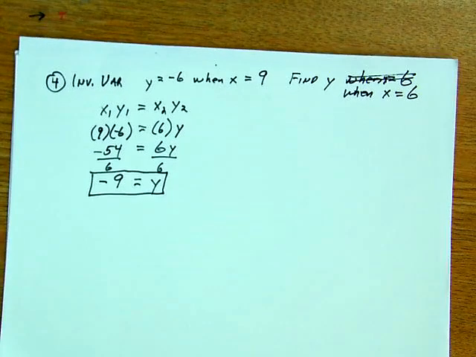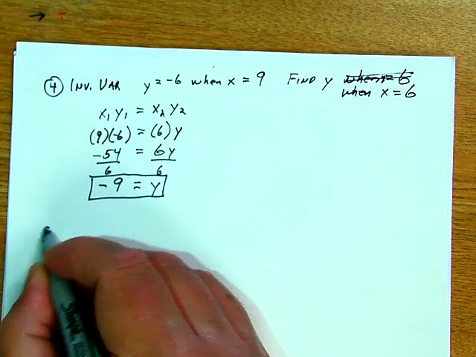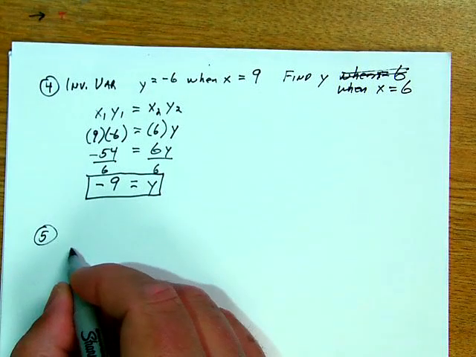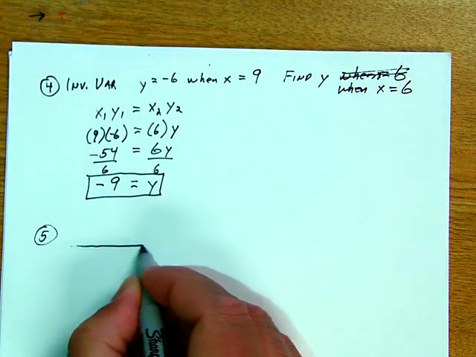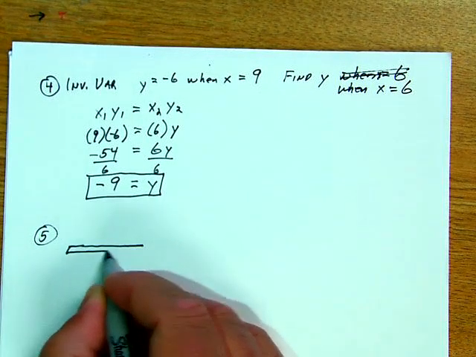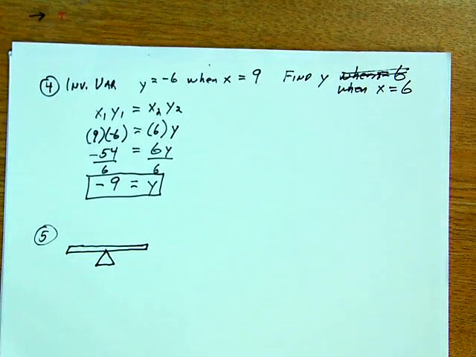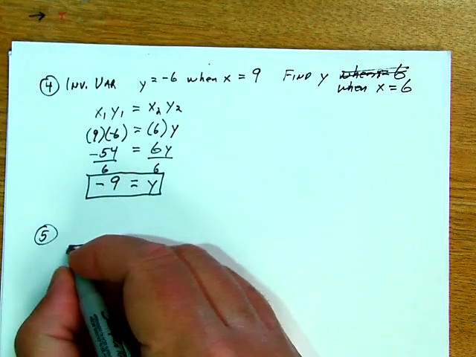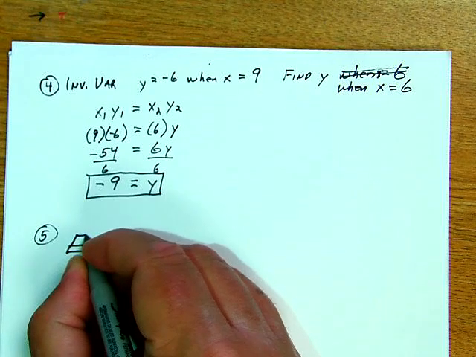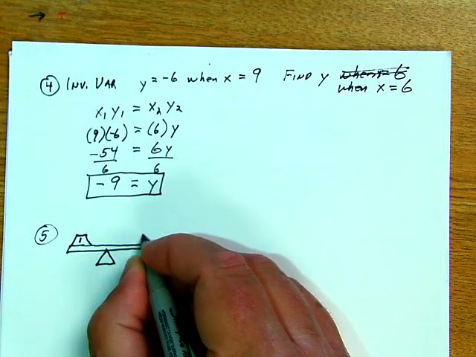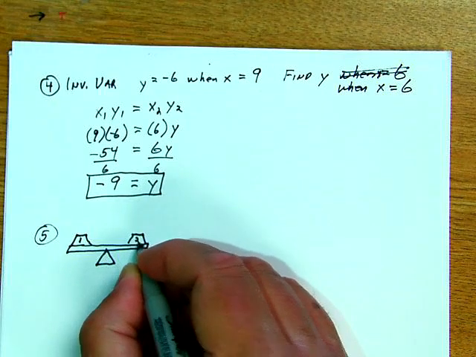Okay, now let's use a little bit more of a complex example. And I'm going to have to use my drawing skills here. But let's say we have a lever, and it's sitting on a fulcrum. Okay, looks like a scale, right? Well, let's say I have a weight on this side of my scale, weight number 1, and on this side I have weight number 2.